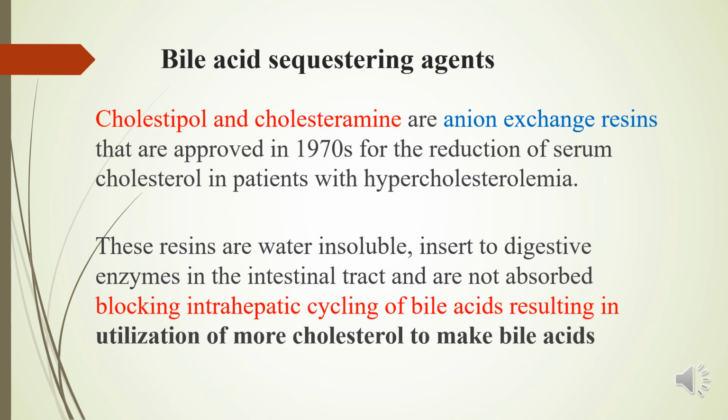Examples of these bile acid sequestering agents are cholestyramine and colestipol, which are anion exchange resins, and as mentioned earlier, they act by blocking the intrahepatic recycling of bile acids and thus forcing the liver to utilize more cholesterol in synthesis of bile acids, and this will contribute to lowering of blood cholesterol levels.